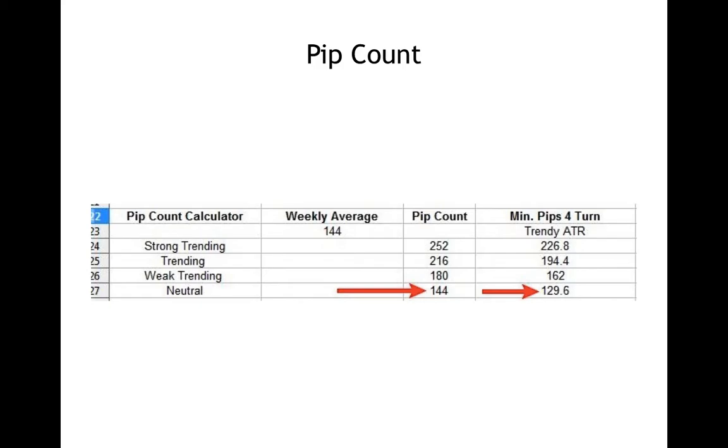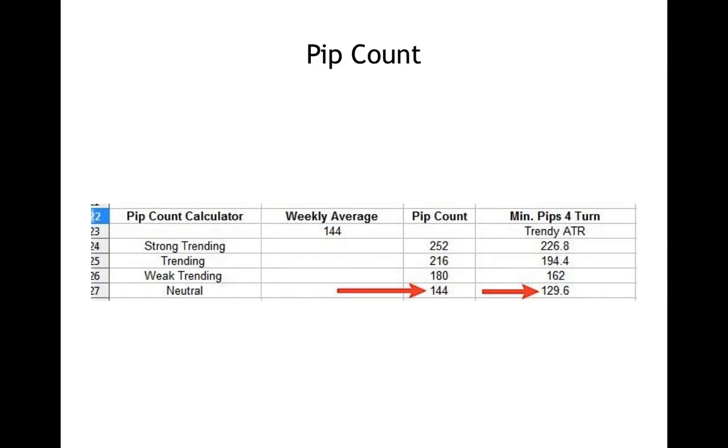Once you've got this weekly average, you're going to plug it into this spreadsheet and get a Pip count. Now I'm going to be selling this spreadsheet calculator on my website, so I'm not going to tell you the exact formula.